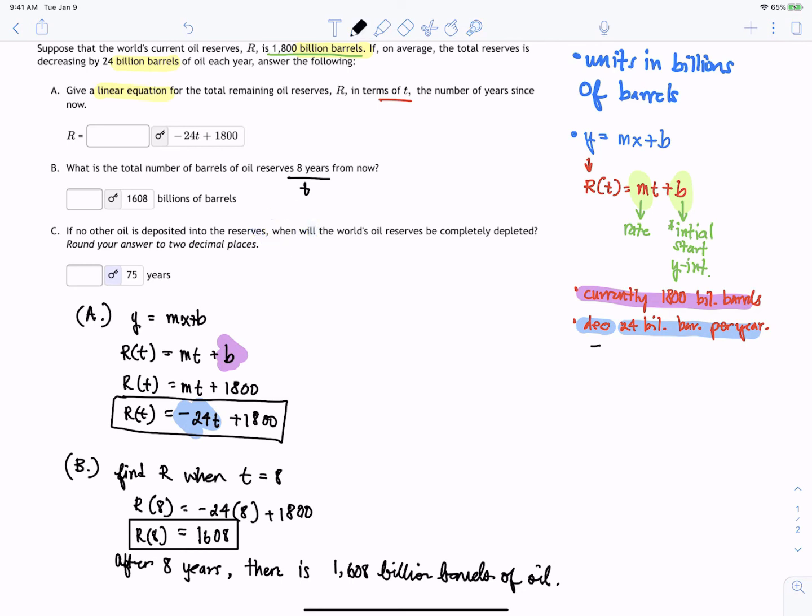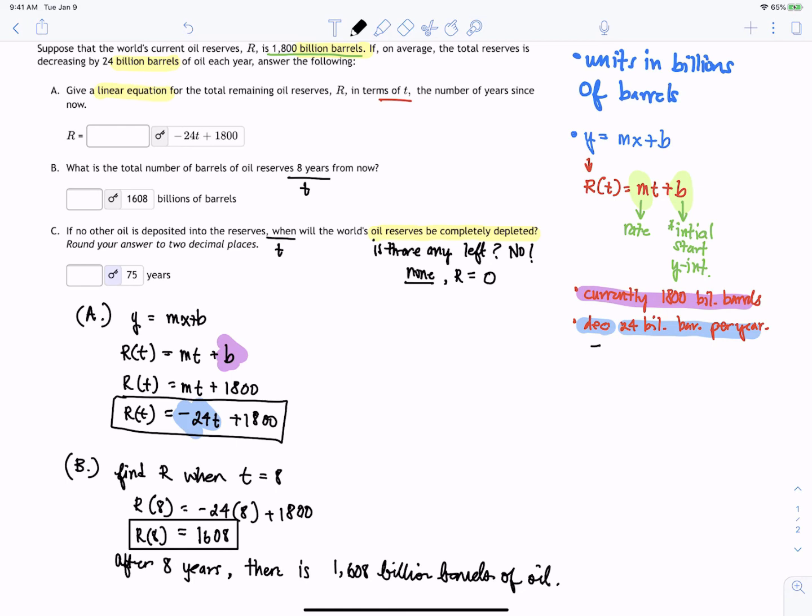So the word when itself tells me the answer is going to be a time. And when the world's oil reserves are depleted, does that mean there is any left? No, right? There's none left. And that means that R is 0. There are no billions of barrels left.